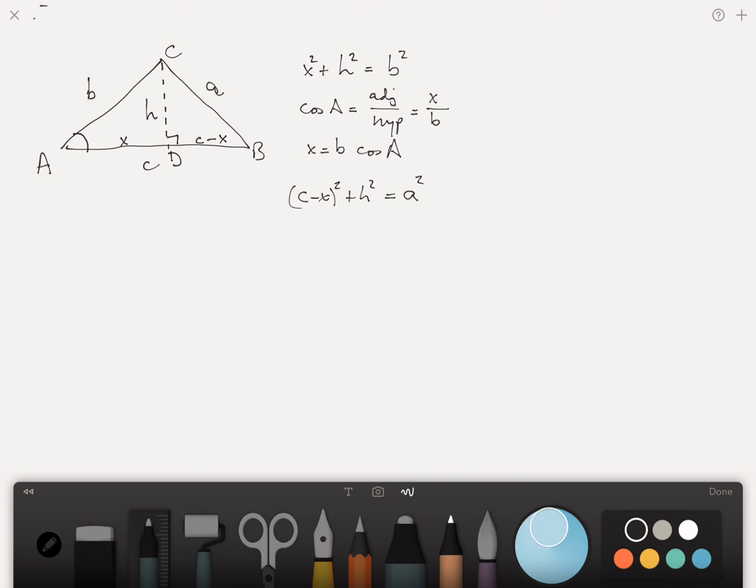So that says that a squared is equal to (c minus x) squared, so c squared minus 2cx plus x squared, plus h squared.